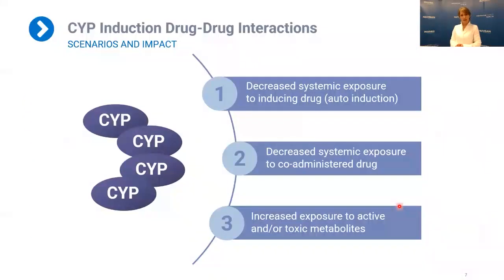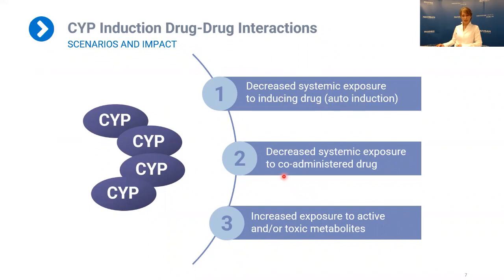The consequences of subinduction can now be manifold. This means if you increase the expression and hence the activity of a cytochrome P450, this may lead either to a decreased systemic exposure of the inducing drug. If the inducing drug is also metabolized by the enzyme which it induces, this is a so-called autoinductive mechanism.